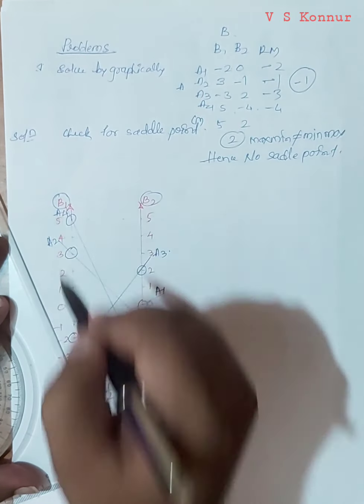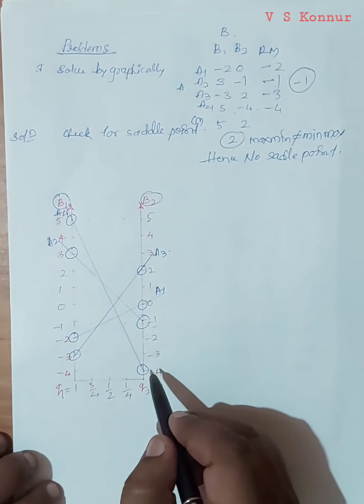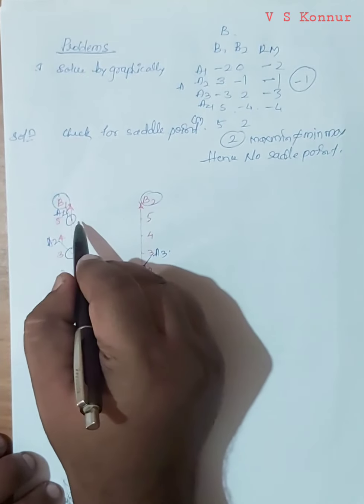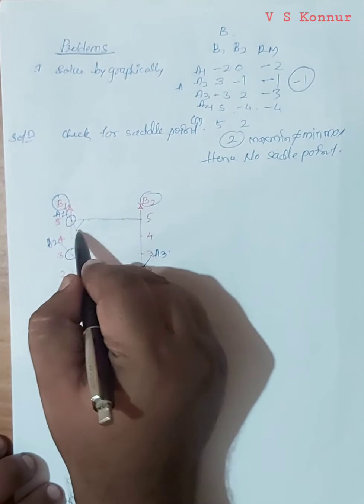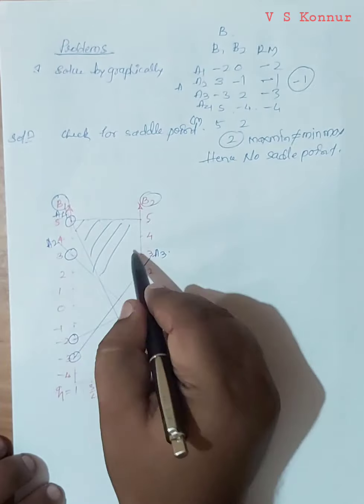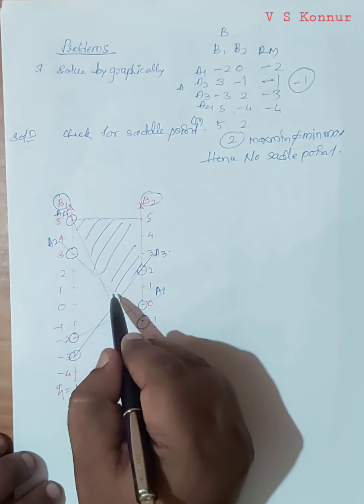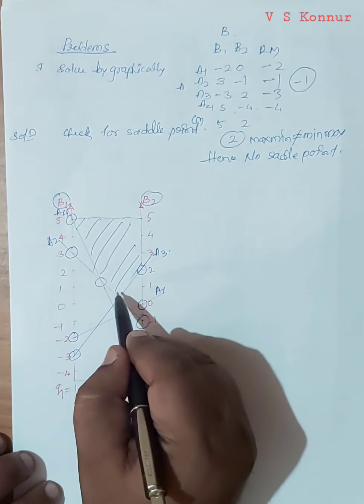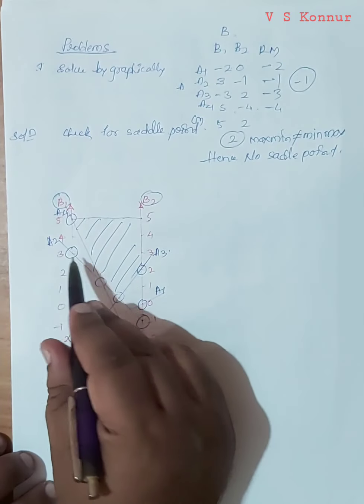Call it A4. Now I have to select the highest region, where the maximum is. In this region, these points will come: 1, 2, 3, 4.